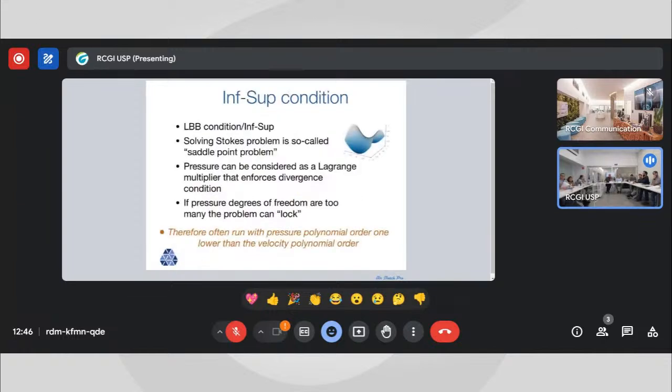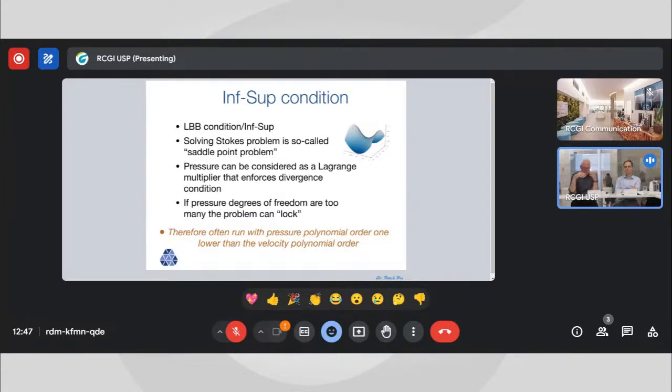We raise the stability, so I put this slide in to remind me. When you do really high Reynolds number, and often when you solve the incompressible Navier-Stokes equations, there's something called an inf-sup condition. You have to be careful when you discretize the pressure equation: you can't have too many degrees of freedom. You over-constrain the problem, and you get a so-called locking or inf-sup type problem.